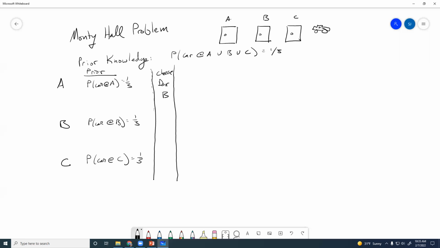So Jaden chooses B. And then who wants to be Monty? Okay, Jaden chose B, so which one are you going to choose? Okay, so Monty opens A, and there's a goat in there.